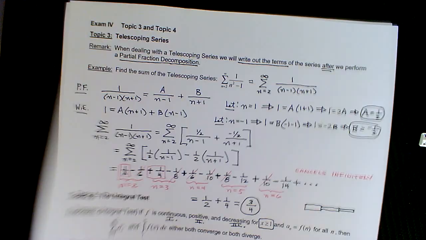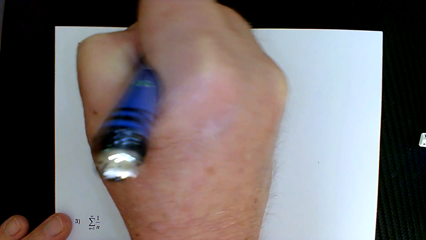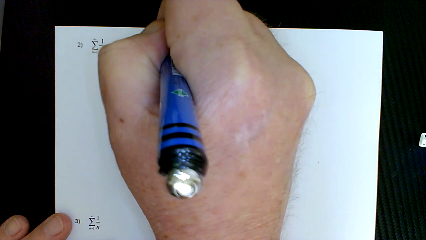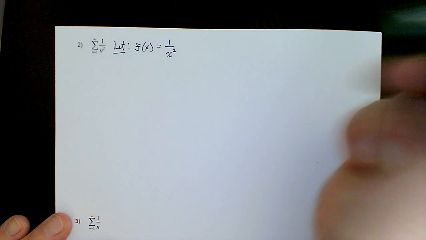So we'll look at two more examples to finish up this topic. And I encourage you to use your table with the tests for series as you work through the homework. Okay, so first thing, you're always just going to say let f of x equal the nth term of the series, where you replace the n by x, so you get 1 over x squared in this case.